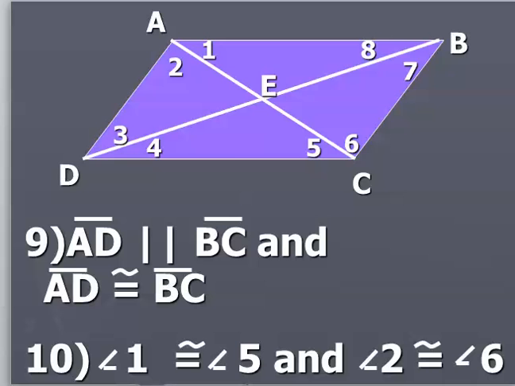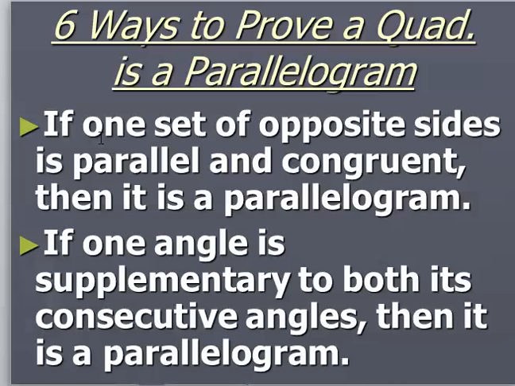Number 9, we have segment AD congruent to segment BC, and segment AD is parallel to segment BC. Now, if I go back up to my 6 ways to prove that parallelograms are congruent, the 5th one was if one set of opposite sides is both parallel and congruent, then it is a parallelogram.